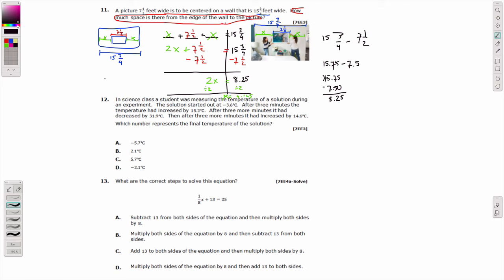So the distance between the wall and the picture is 4 1/8, or 4.125 feet.